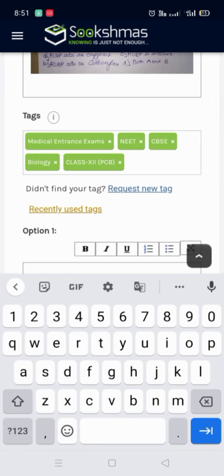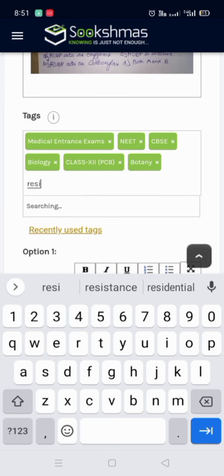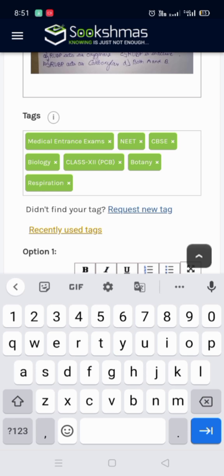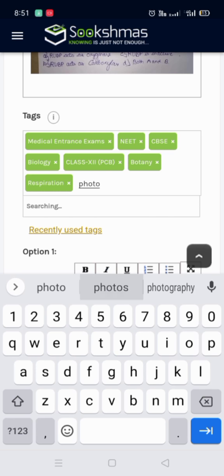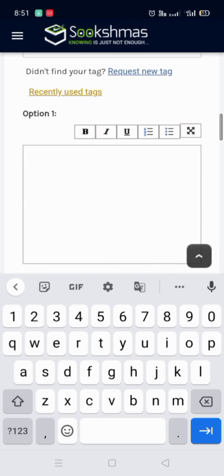But it is not a zoology section, it's a botany question, so I will click botany over here. I got respiration over here. I'm not having a photosynthesis option over here, but that's not an issue. It's not a respiration question, it's a photosynthesis question. So this many tags I have used, with the botany section, it's more than enough.